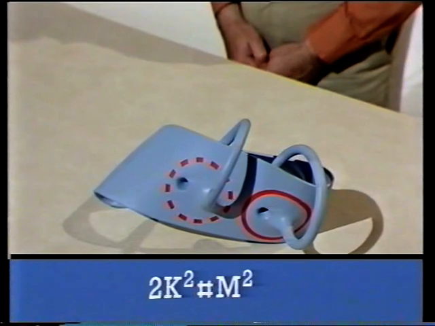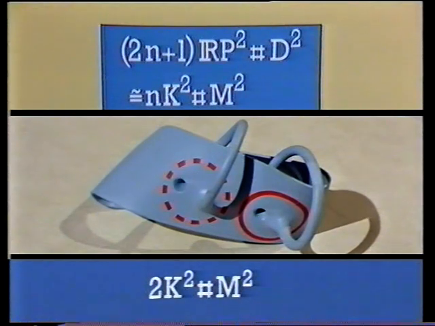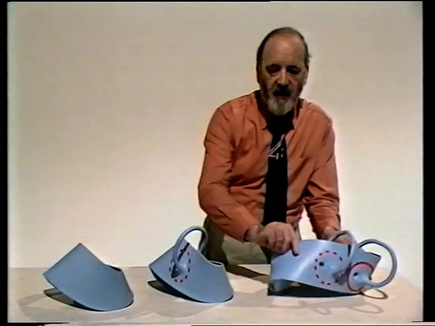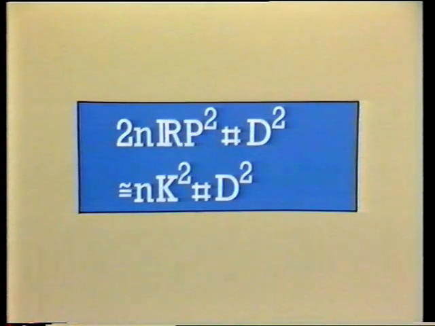And you can see what will happen in general. Every time you increase n by 1, you add another Klein bottle. So that's dealt with the odd numbers of projective planes, and the even case is just as easy.